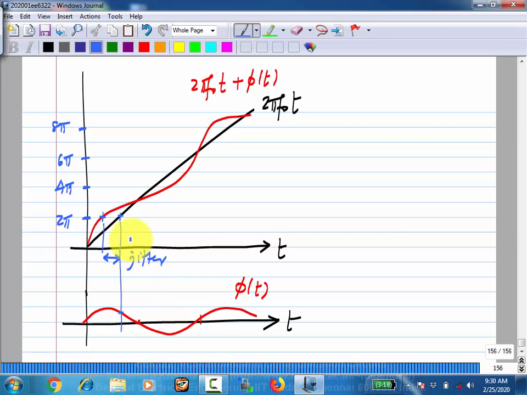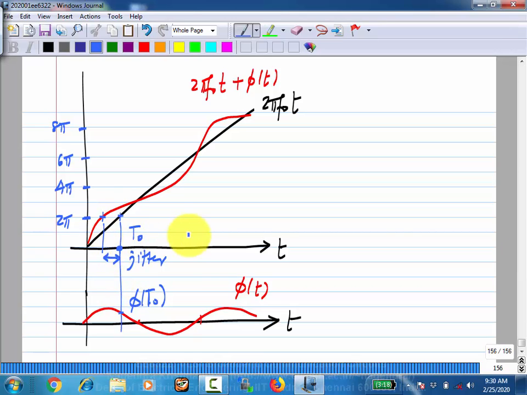So this was the ideal one, let's say this was T naught, then you find phi of T naught, okay. That is the phase at this instant.